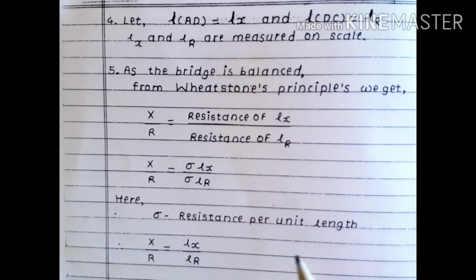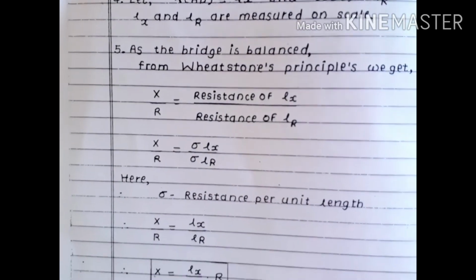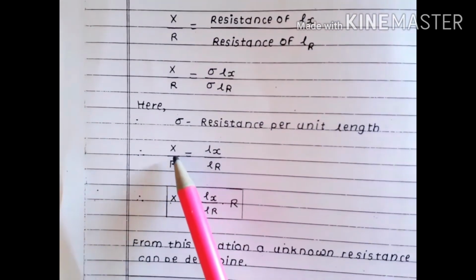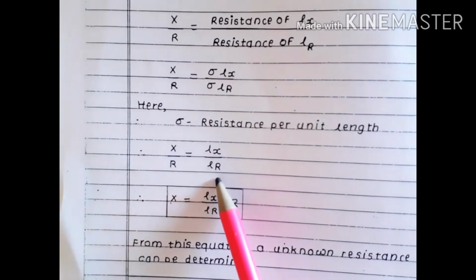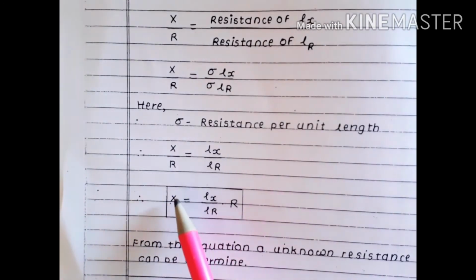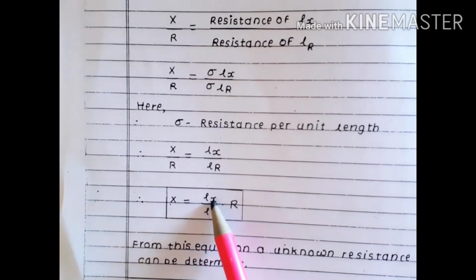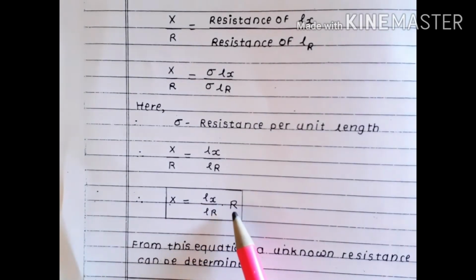Sigma is the resistance per unit length. Here sigma cancels, therefore we get x upon R is equal to Lx upon Lr. Therefore x is equal to Lx upon Lr into R.